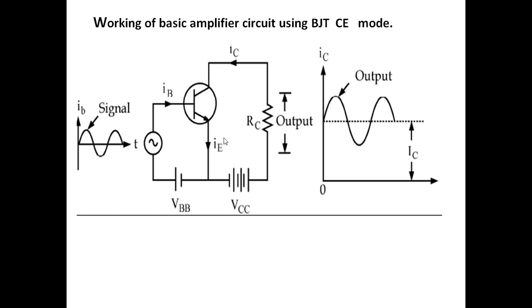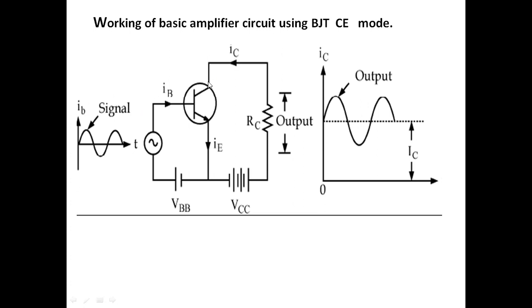By applying Vs as input, the current IB flows through the base. Since the emitter junction is in forward bias, it allows the flow of current to the collector. Some amount of current flows in the collector due to the input signal, and that current is called IC.